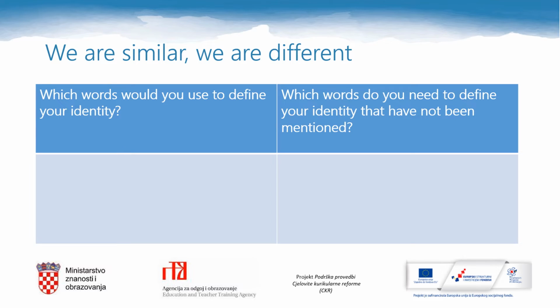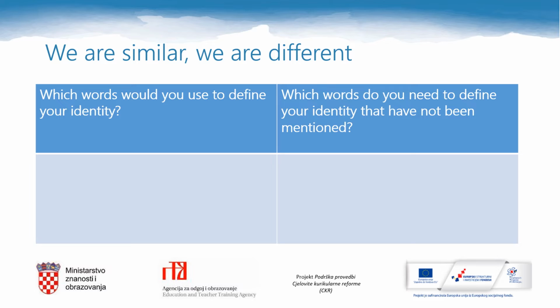Let's think about our own identities. We are similar, but we are also very different. Everybody's unique. Now let's pick from the list of words that you have in your notebook. Which words would you use to define your identity? Which of the words are useful if you want to talk about yourself?